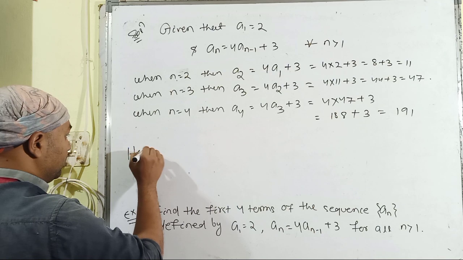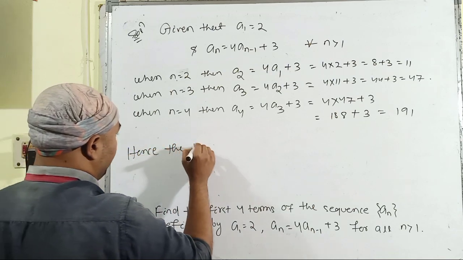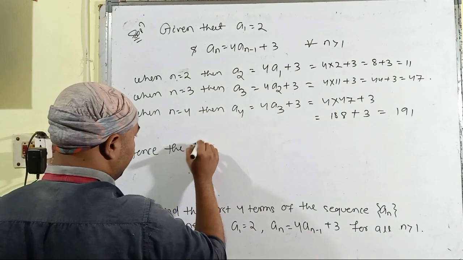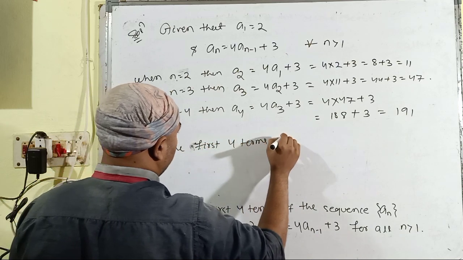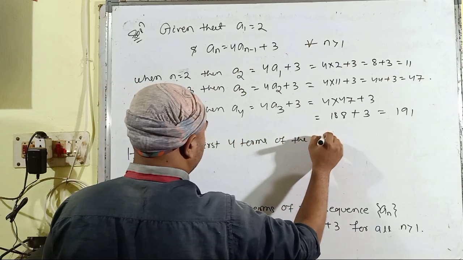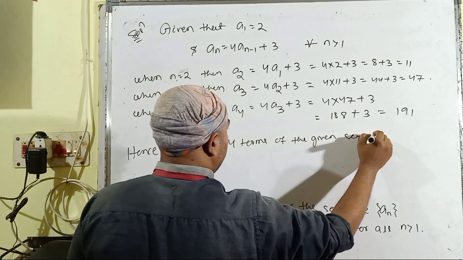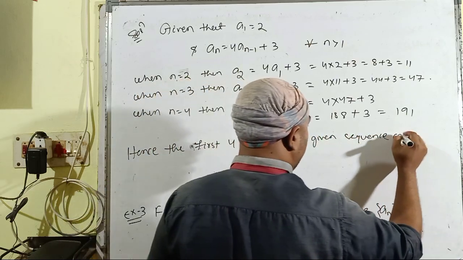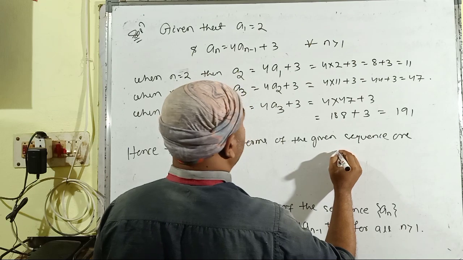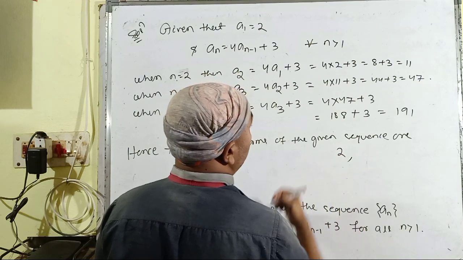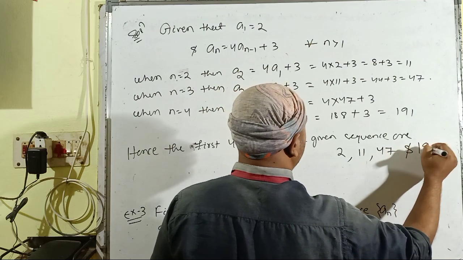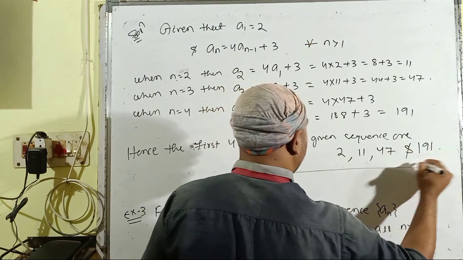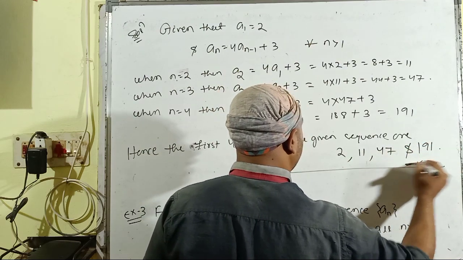Hence, the first 4 terms of the given sequence are: the first one is 2, then 11, then 47, and 191, and this is the complete solution.